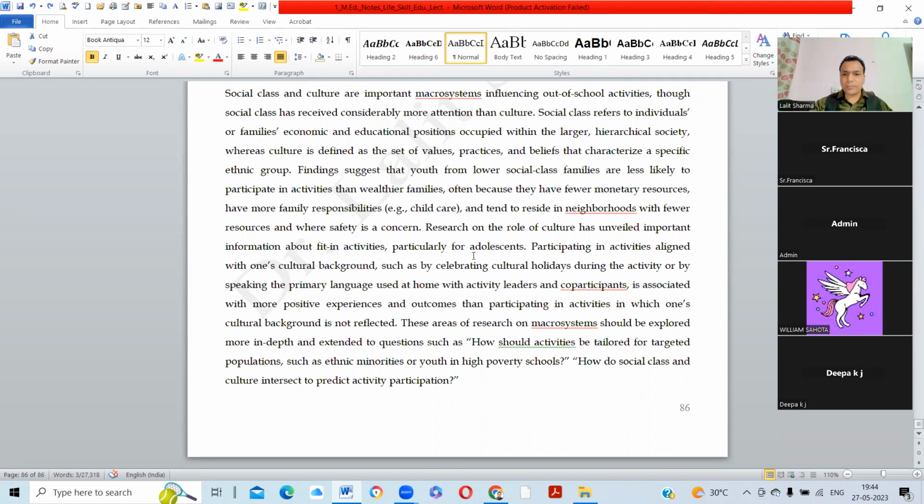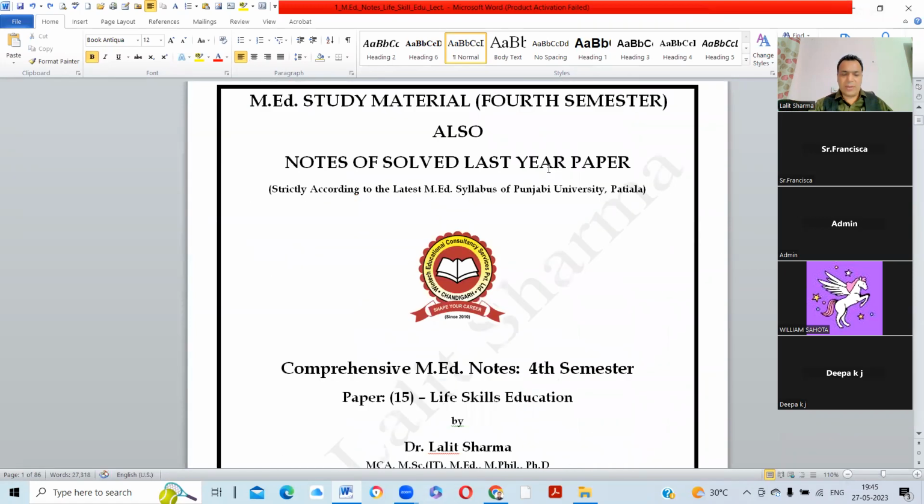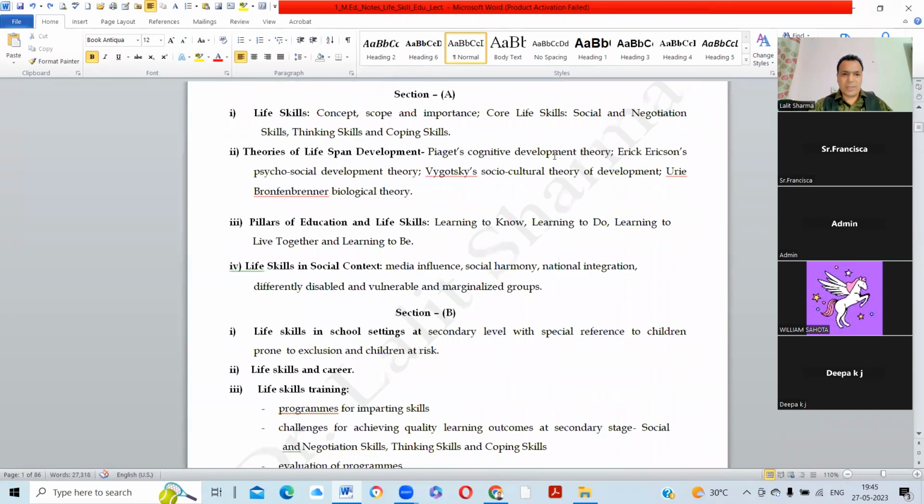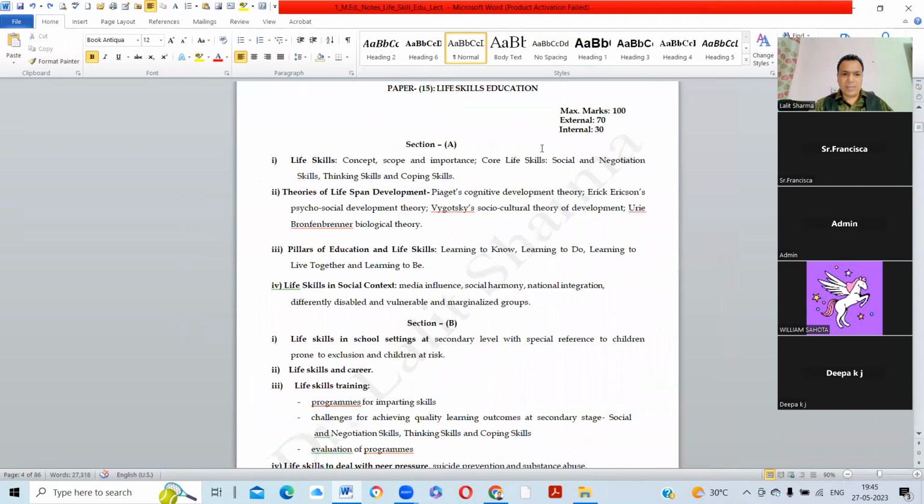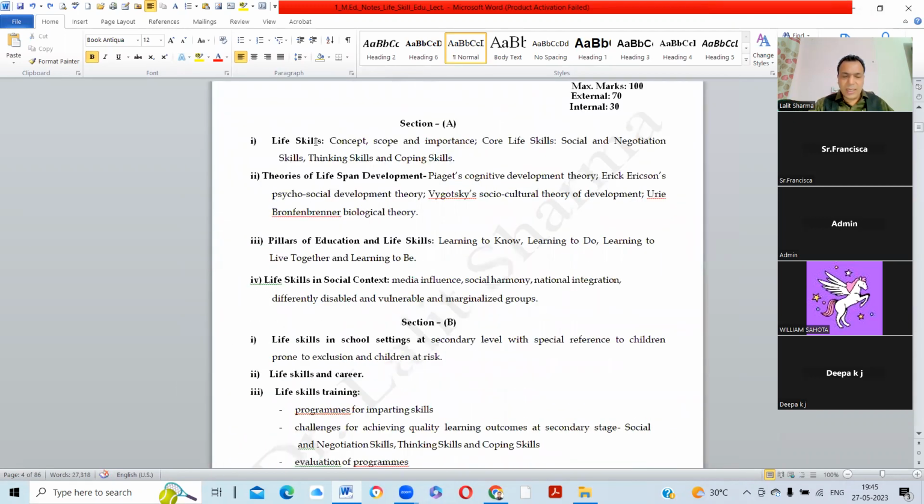Okay guys? Now we move on; we have covered all 86 pages. Now look at this, this is our syllabus. In our syllabus, we are done with life skills, concept, scope, importance. Core life skills we are done, thinking skills, coping skills. Then these four theories: Piaget's cognitive development theory, Erik Erikson's theory, Vygotsky's and the biological theory.